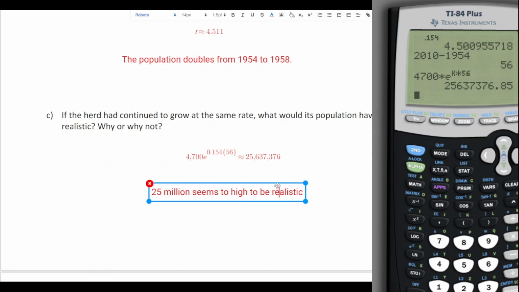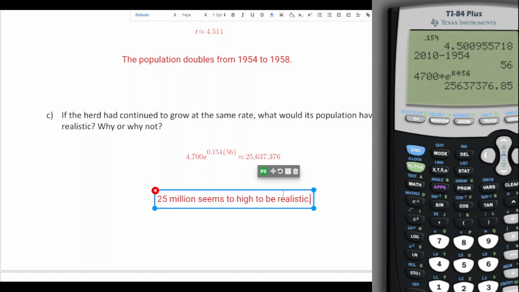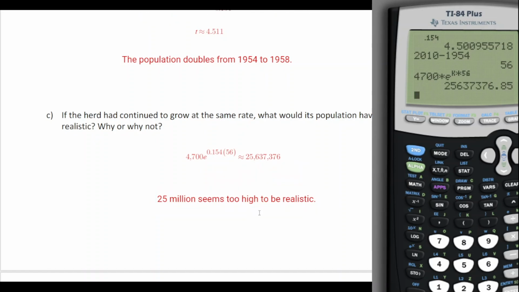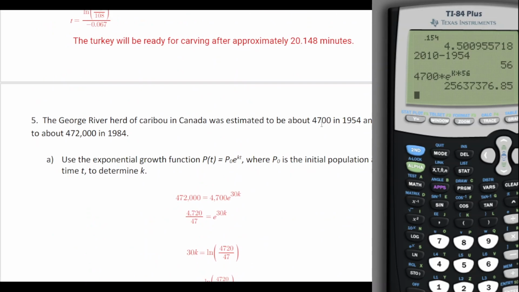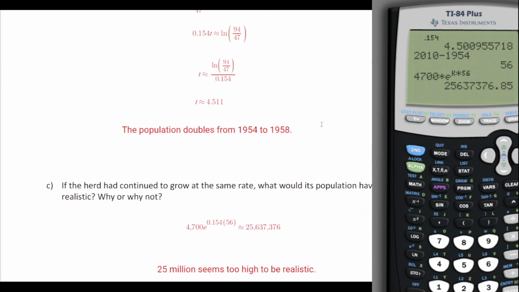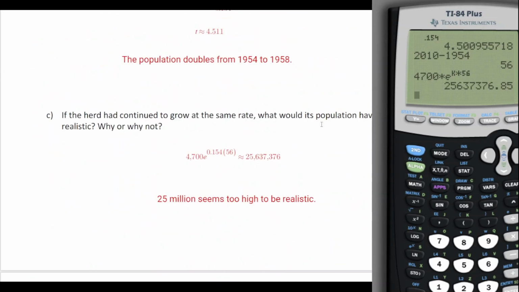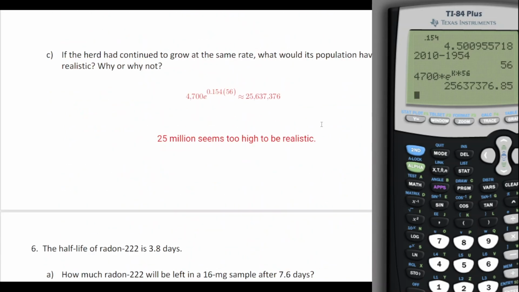Too high to be realistic. There we go. All right, so from 4,750 to 25 million. You tell me, what do you think? I think it's too high.